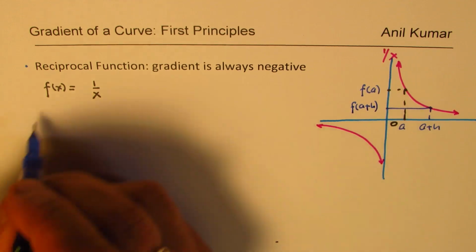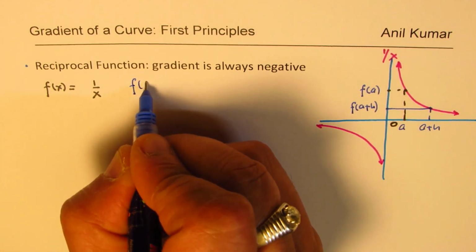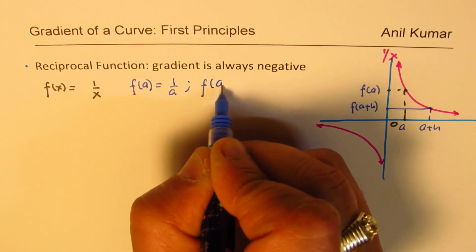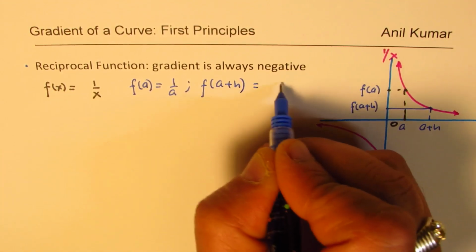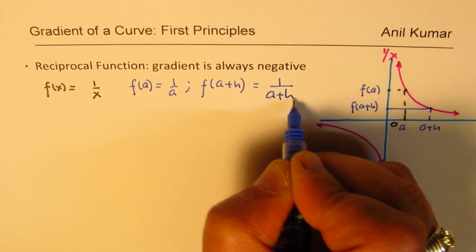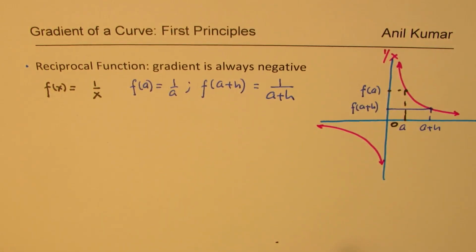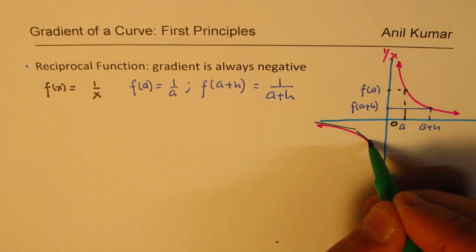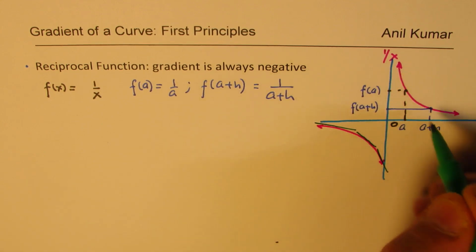So f of a is 1 over a, and f of a plus h is 1 over a plus h. Clear? Now, if you take any 2 points, you will see that the gradient is negative, right? At any point, the gradient is negative.